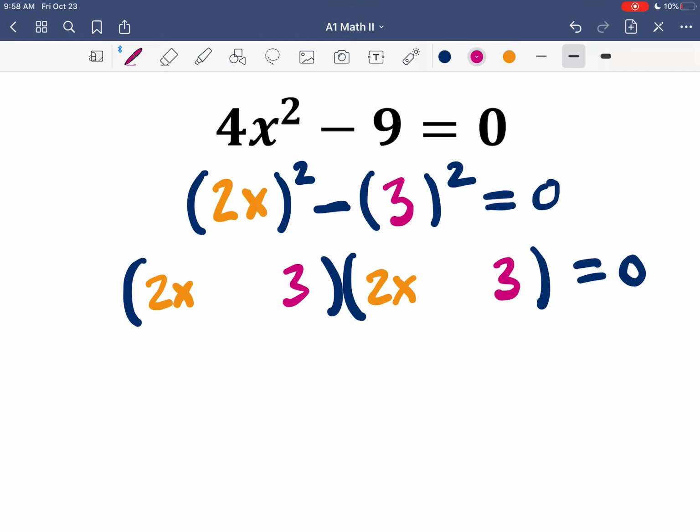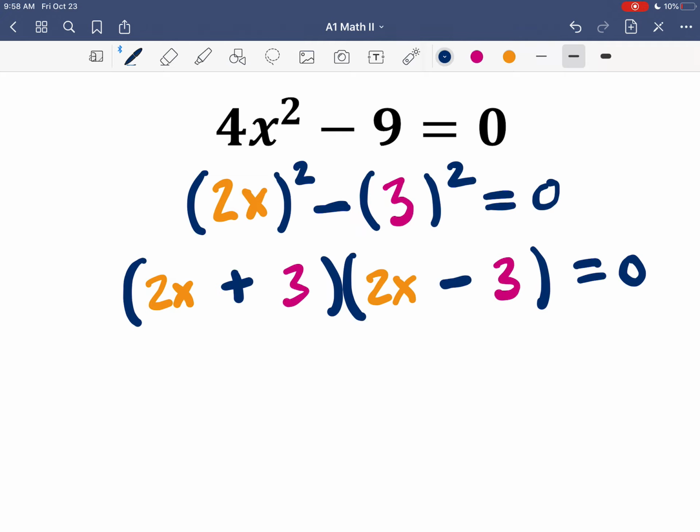So both parentheses have 2x and 3. The other weird thing is that you end up with one of them being adding and one of them being subtracting. We could talk about why that makes sense, but there's just not time, and because it only works in small situations, I don't go into it.